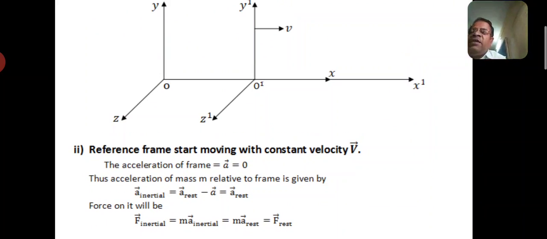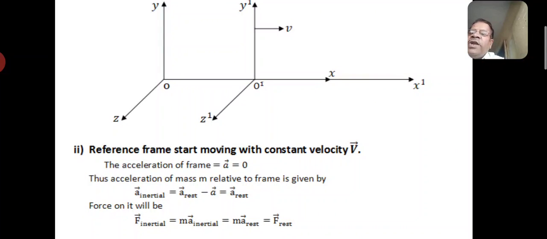Now, consider the second case. Assume that the reference frame S dash, with origin O dash, is moving with constant velocity v. The acceleration of the frame A equals 0 because it is moving with constant velocity. Thus, the acceleration of mass m relative to the frame is given by a inertial equals a rest minus A, equal to a rest because A equals 0.